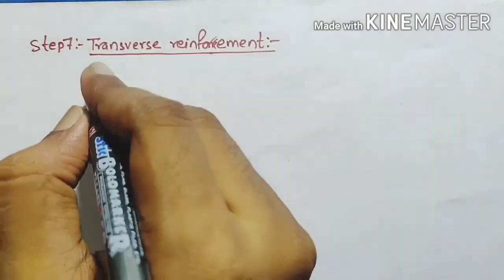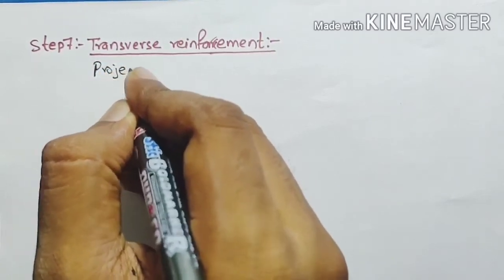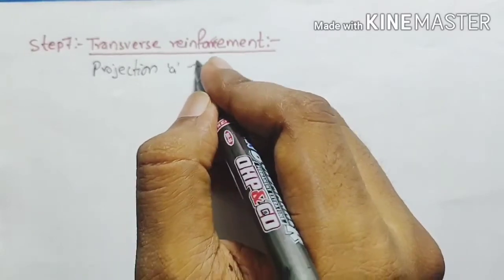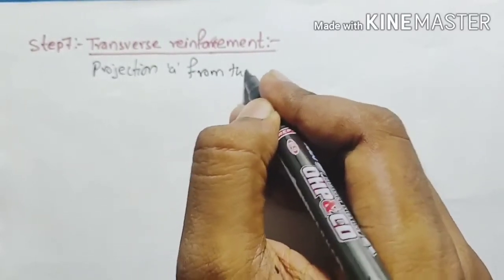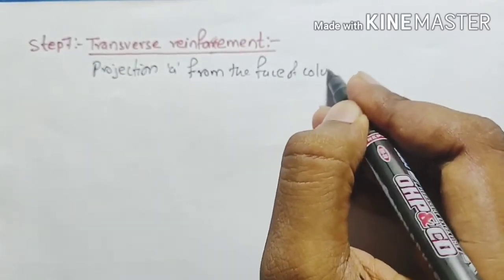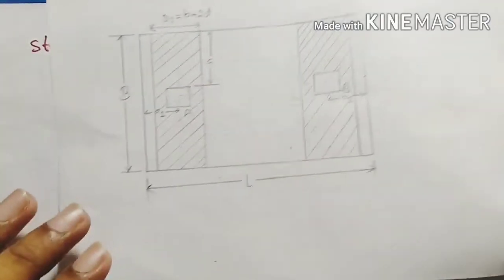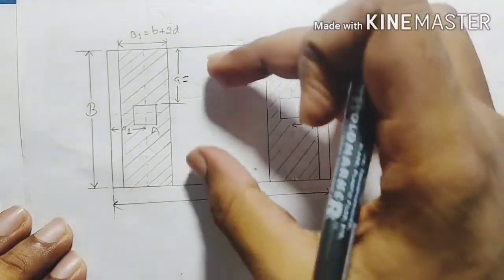So our first step is to find the projection a from the face of column A. Means we need to find the value of this small a, and let's see how we can find it.